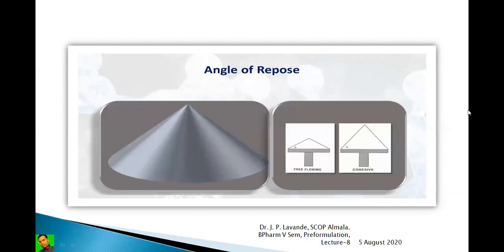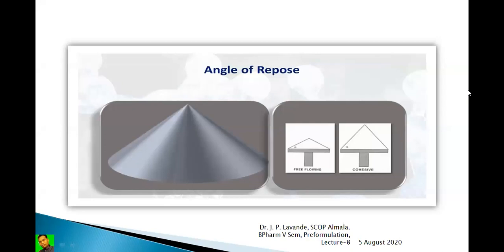Now the next parameter used to determine the flow property is the angle of repose. Now what is this angle of repose? This can be determined by taking some amount of powder.